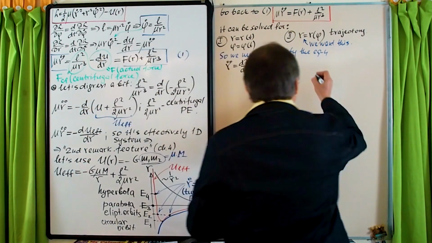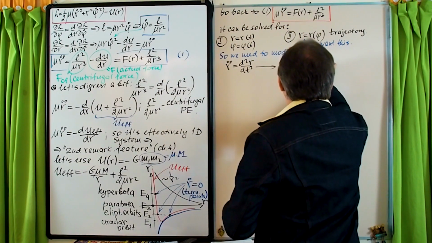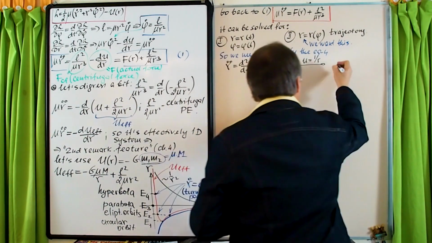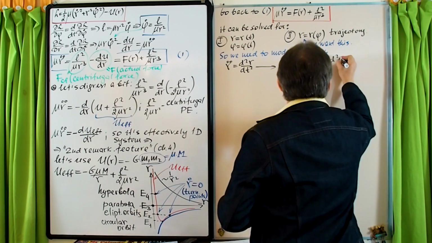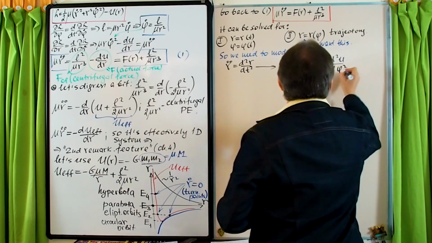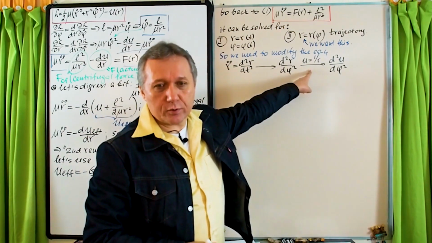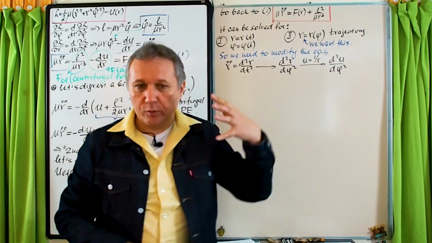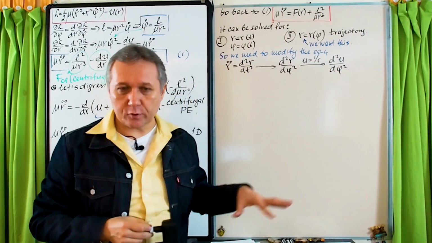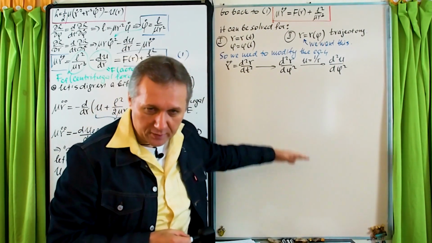Then u is 1 over r, and of course we will get the equation with the second derivative of u with respect to phi. Again, this substitution we need in order to make the equation better. So first, I just wanted to outline what I'm going to do, and now let me actually do that.